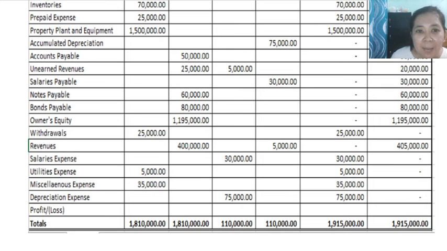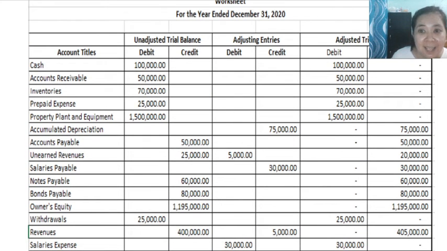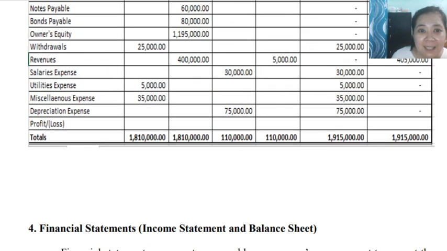The same thing will be done with the rest of the accounts and their balances. So that's how we make our adjusted trial balance. Again, please take note that your debit and credit sides should always be equal.